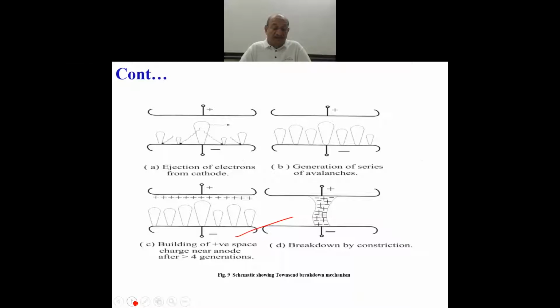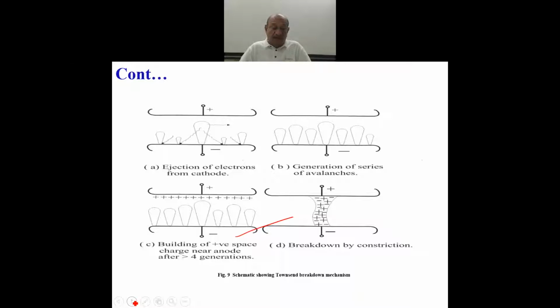And in figure C, building of positive space charge near the anode after 4 generations of the production of avalanches. I mean, it takes time for positive space charge to get built up at the anode, after 4 generations. And then what happens? Breakdown.